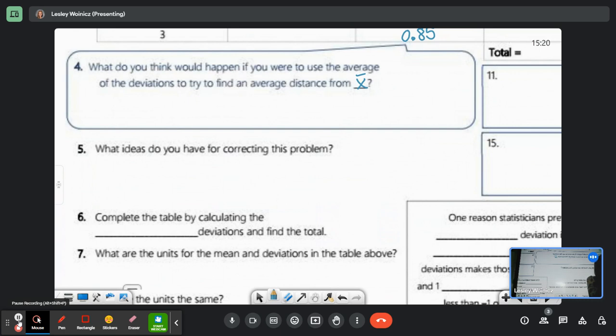What happens if you multiply a positive times a positive? It stays positive. What happens if you multiply a negative times a negative? So what can we do to these deviations to get them to change signs and all be positive?